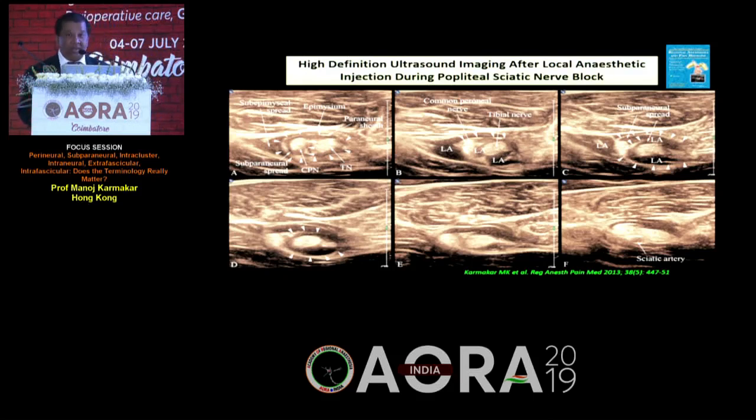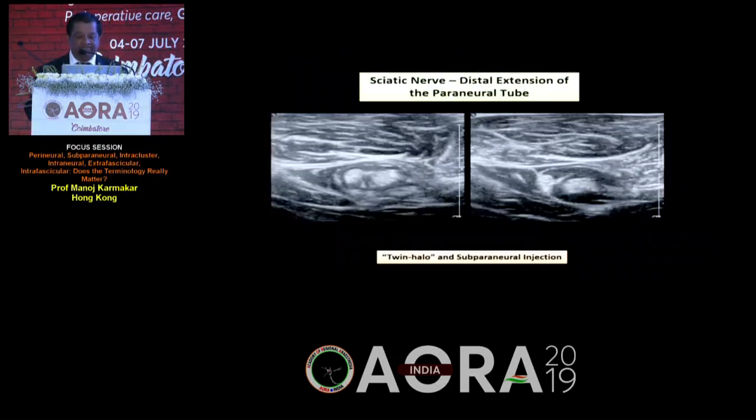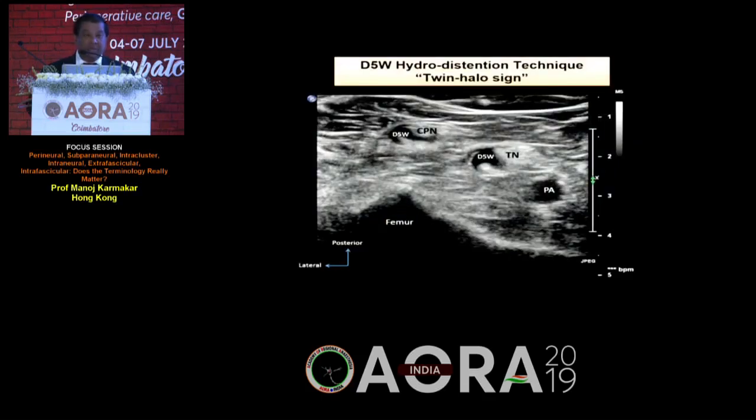You can see they are individual connective tissue layers that separate out once you perform the injection. And this is again illustrated here, so the perineural sheath is septated inside to surround the individual nerves. So when you inject, it produces this typical twin halo sign.